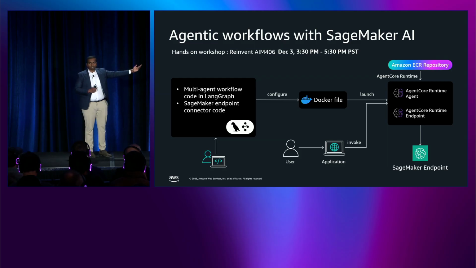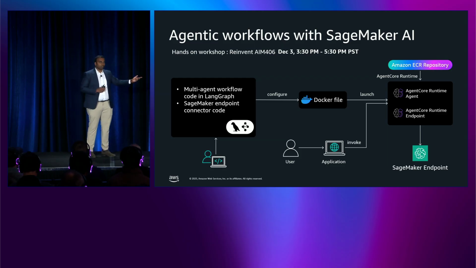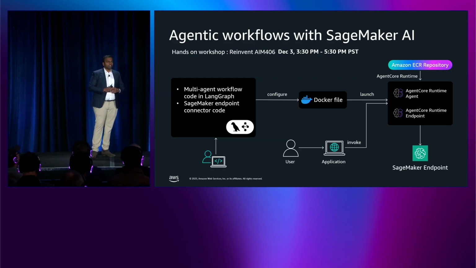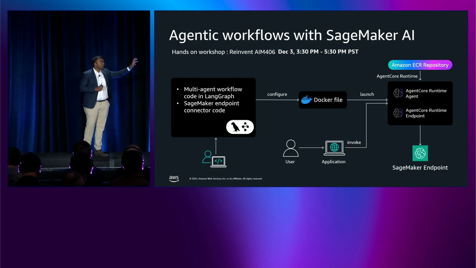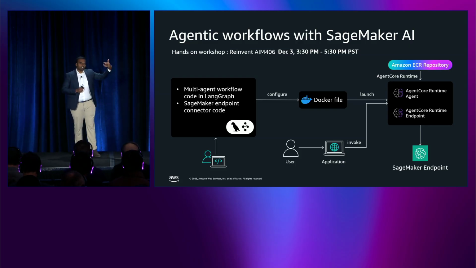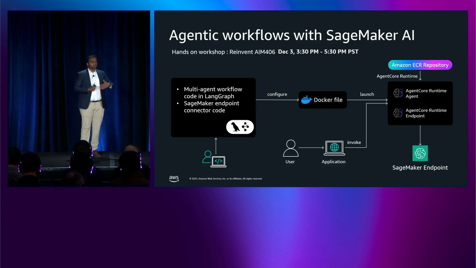Once you write that code in the form of Python scripts, you can then deploy it into Agent Core Runtime. That's a new launch from July that we did earlier, and it is a scalable platform where you can run your agentic workflows with features like memory, gateway, authentication, all of it. So even for SageMaker, you can use that. Once you write a Python script, you have to create a Dockerfile, create a Docker container with that, push it to your container registry, and then go to Agent Core and deploy that container.